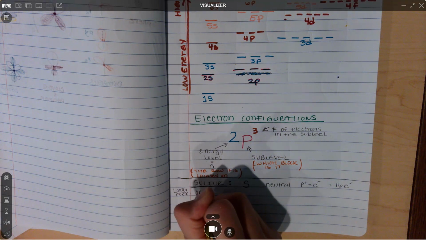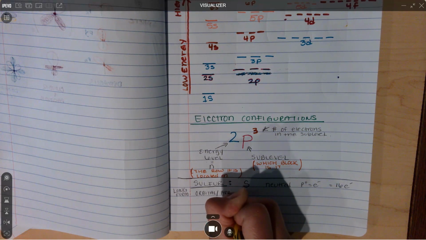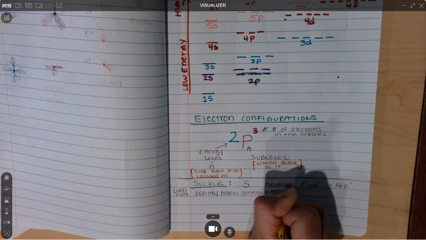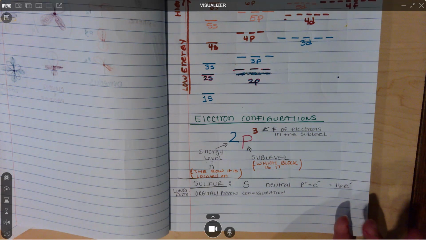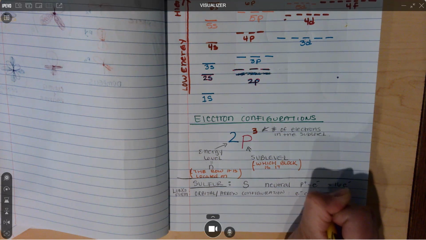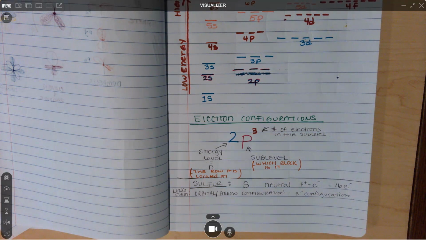Usually when something says write the electron configuration of something, it wants the long form, so they also call it the electron configuration just by itself. If you can do the long form configurations, you can do all the other kinds of configurations.